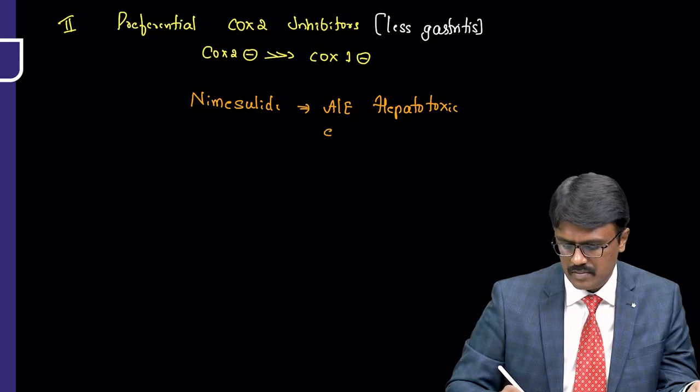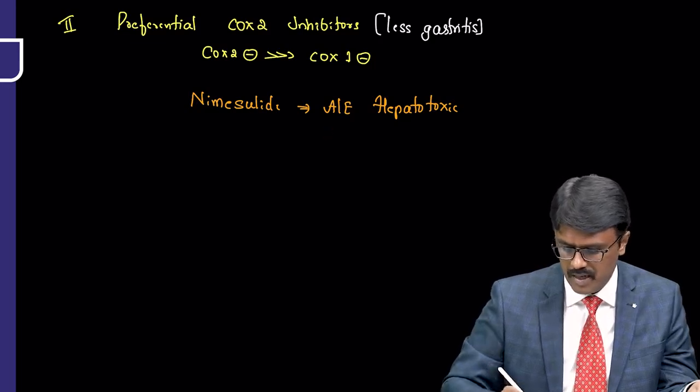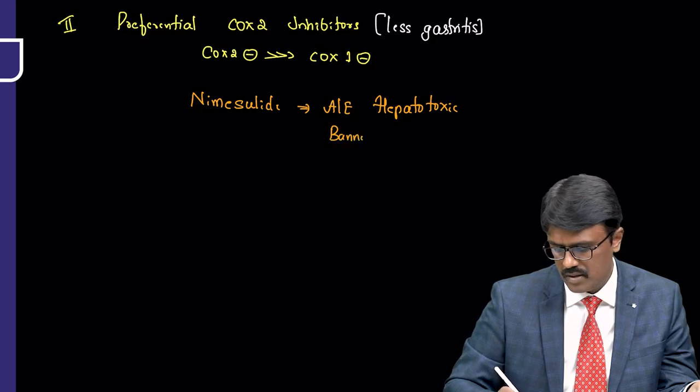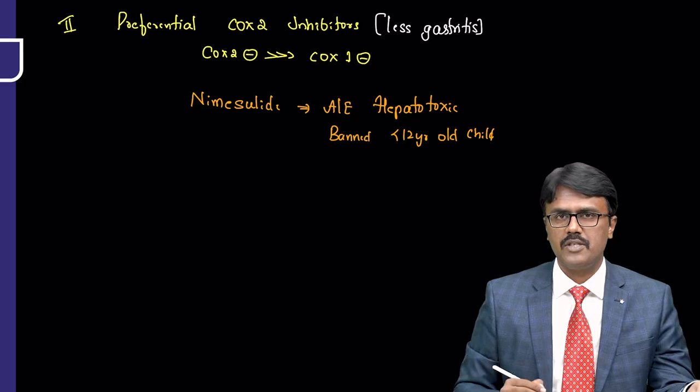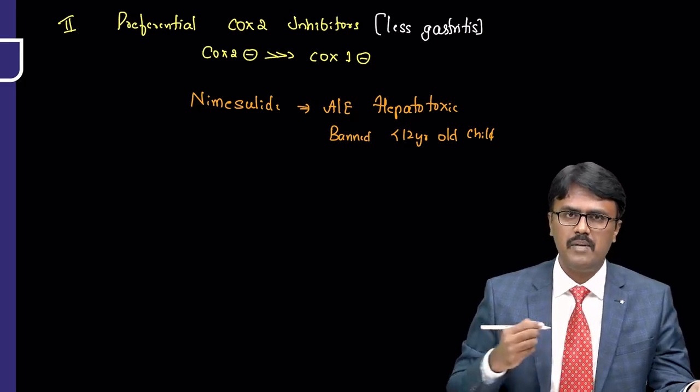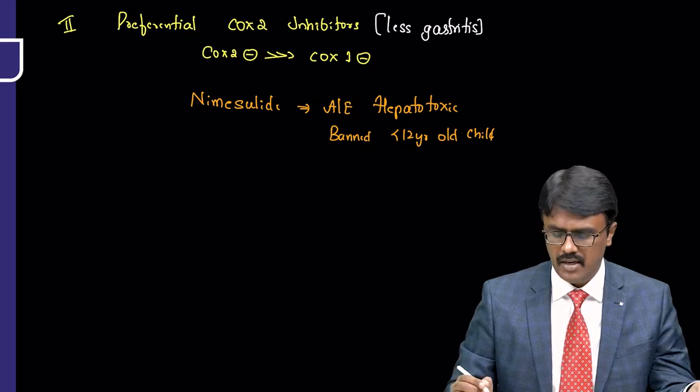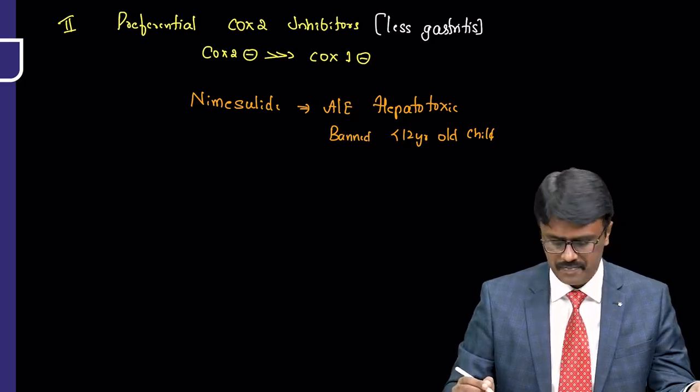And it is banned. You cannot use it in less than 12-year-old children because of the risk of hepatotoxicity. Other countries have completely banned it in every population, but in India it is banned in children less than 12 years old.